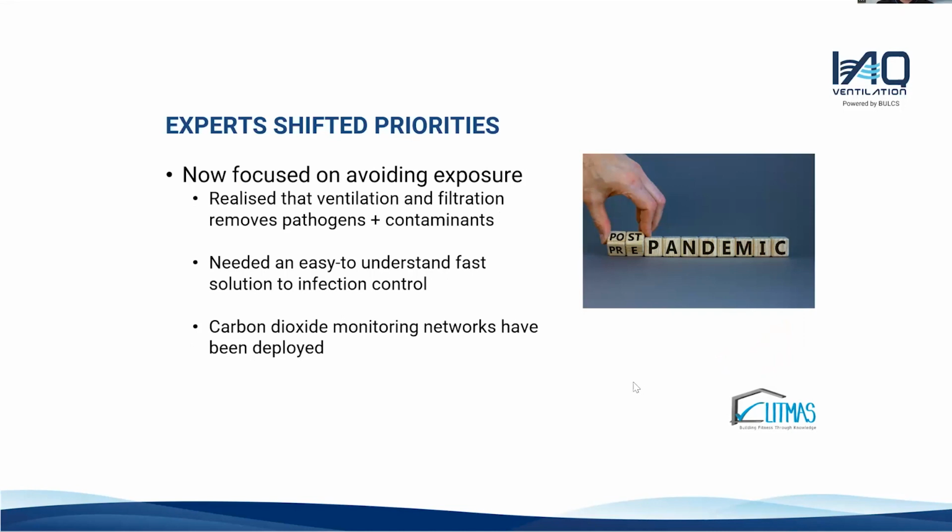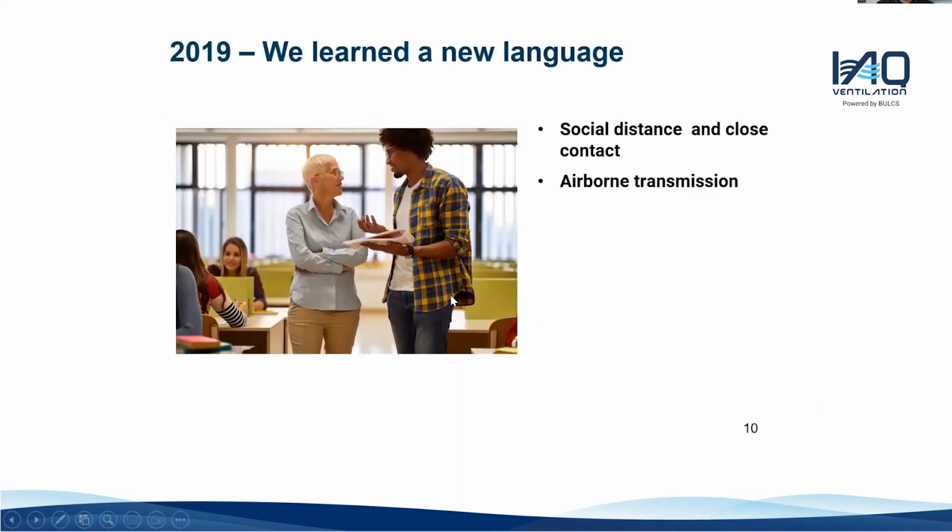Now, post-pandemic, we're focusing on exposure, realizing that ventilation and filtration for removing pathogens is really important. We need to understand fast solutions to control infections, and we are looking at deploying more and more sensors in buildings.